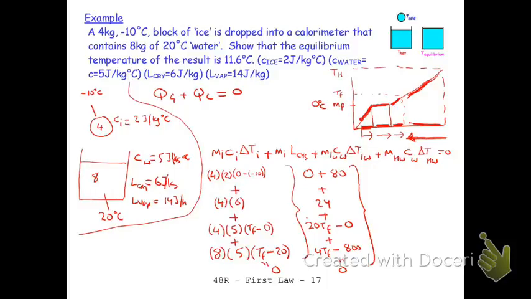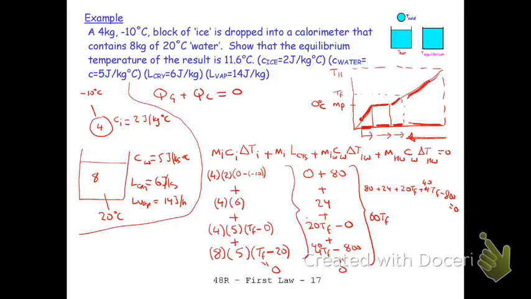So now let's have a look. I have 80 plus 24 plus 20 TF plus 40 TF. Let me just check on that, is that right? 40 TF, thank you. Sounded a bit odd. Minus 800 equals 0. So that's going to be 20 and 40 makes 60 TF.